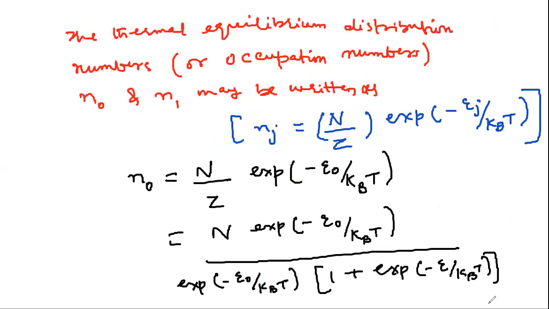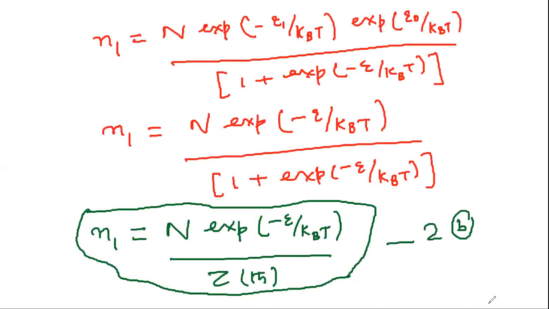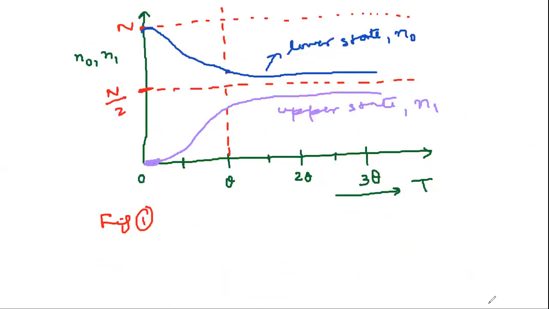Then we wrote the expressions for N0 and N1 using the Maxwell-Boltzmann distribution function, then we plotted them with temperature, and we defined a temperature theta called characteristic temperature, which is characteristic of the energy difference between the states.